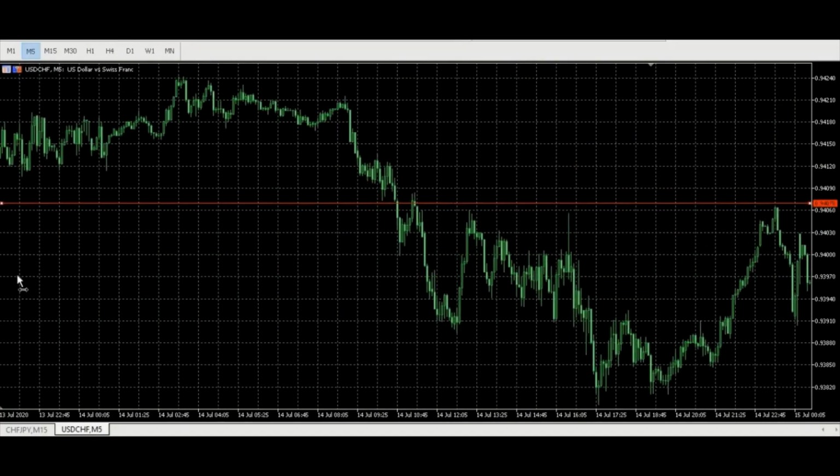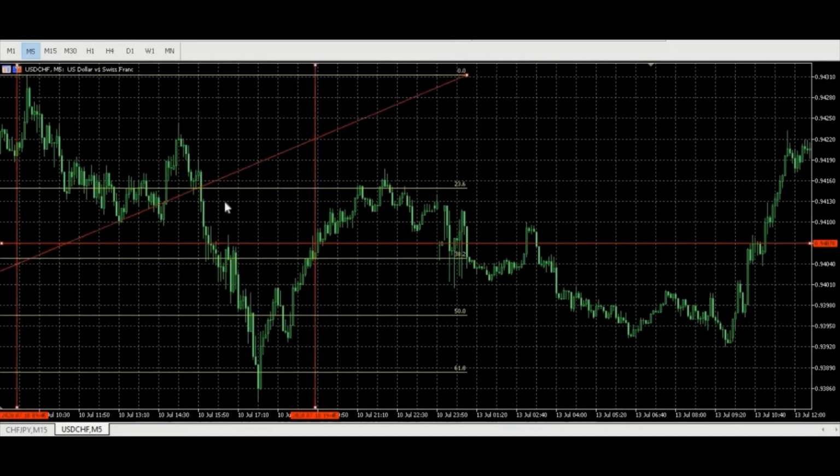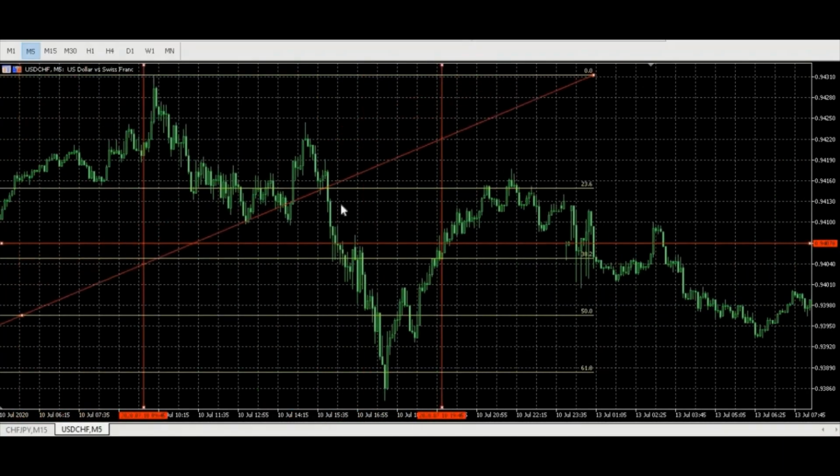So let's go further and try to find. No, actually it doesn't look like Elliott, but did you see that? The first, second, third, fourth, fifth. Don't look at the shadows, because for the CHF, the New Zealand dollar and the Swiss franc, it's normal to have such unclear shadows.